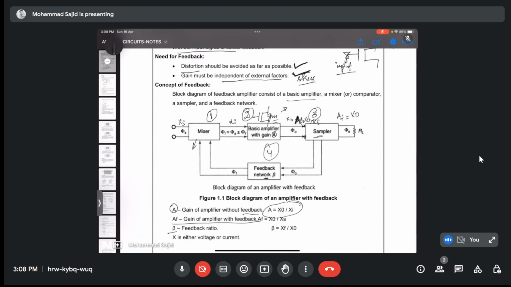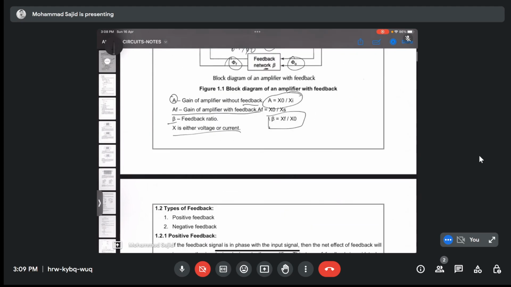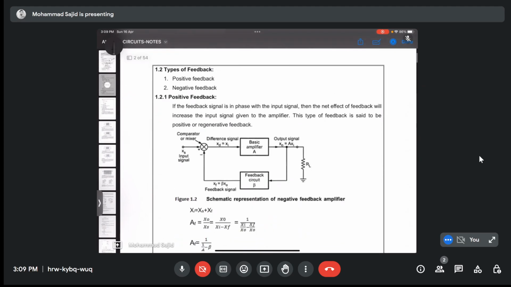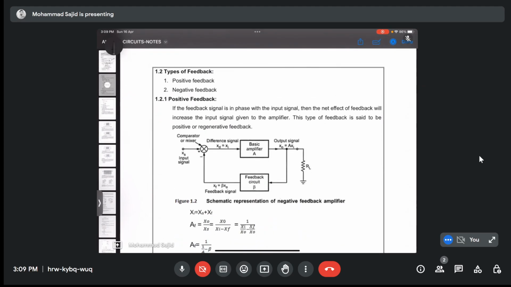Beta is your feedback ratio, that is xf by xo, and x is the voltage or current, right? These xo, xf can be currents or voltages.